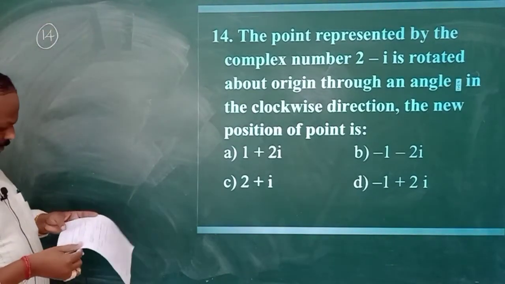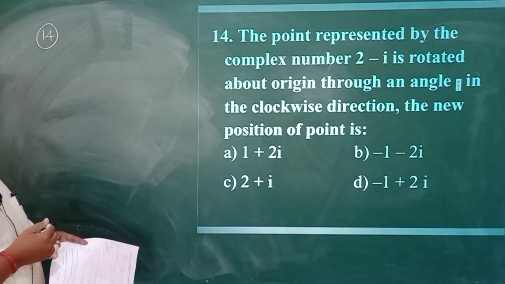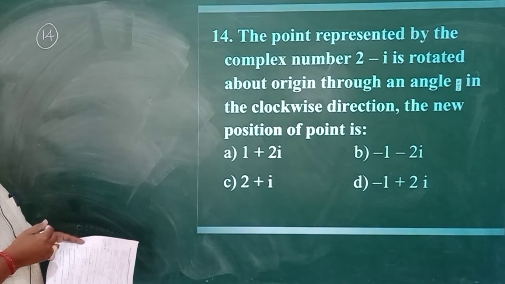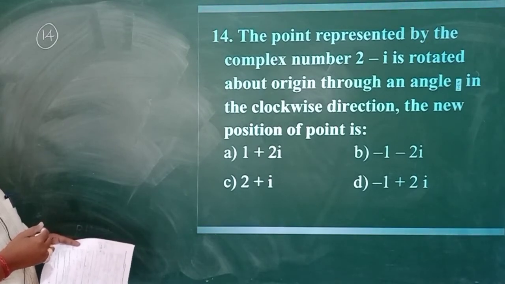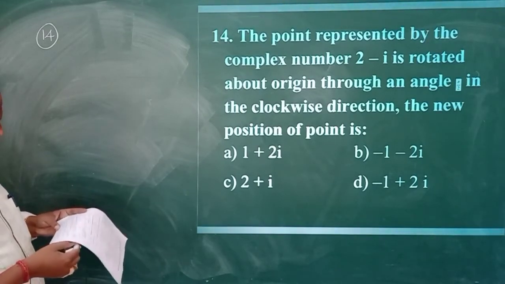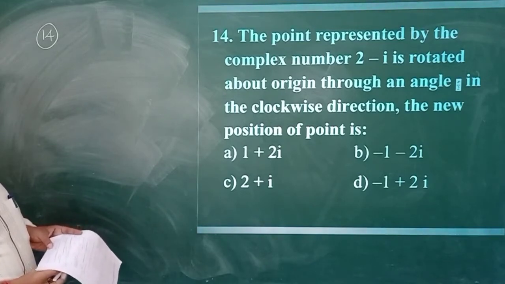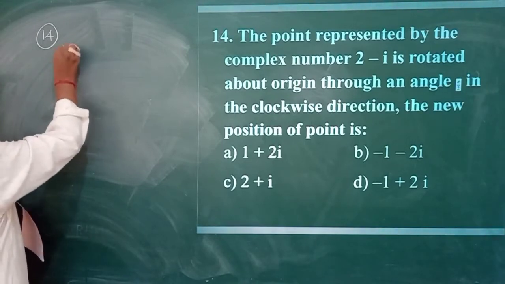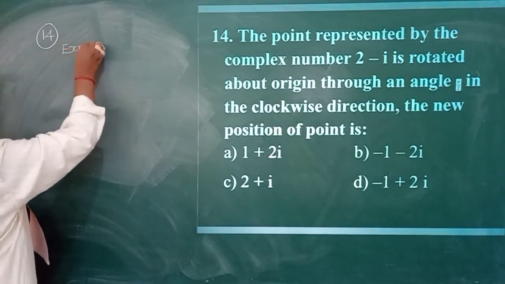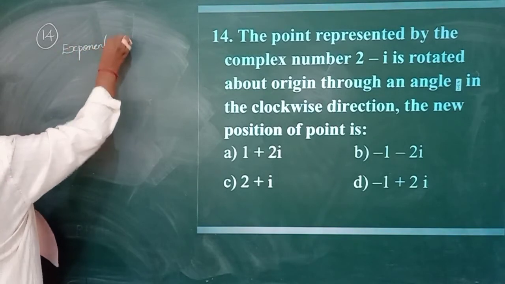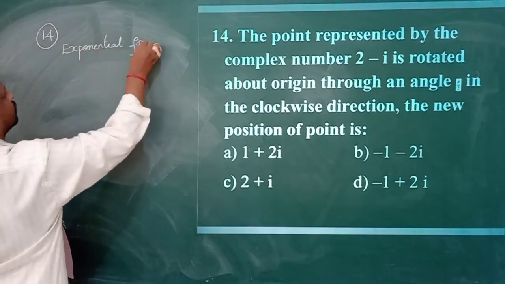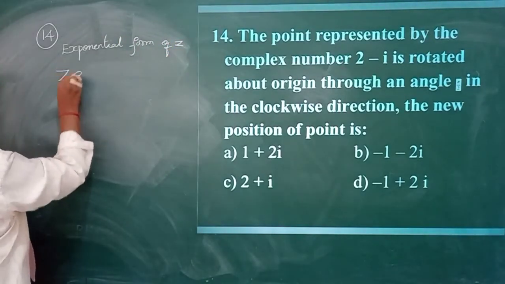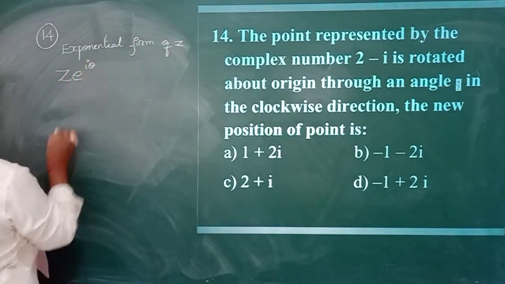Fourteenth one: the point represented by the complex number 2 minus I is rotated about the origin through an angle pi by 2 in the clockwise direction. What is the new position of the point? Here we use the exponential form. The exponential form of z is given by z into e power I theta.